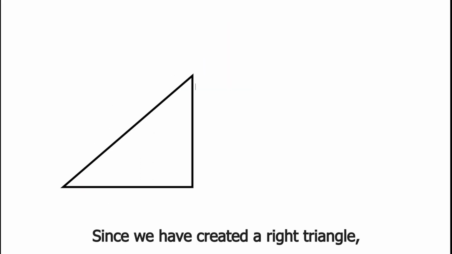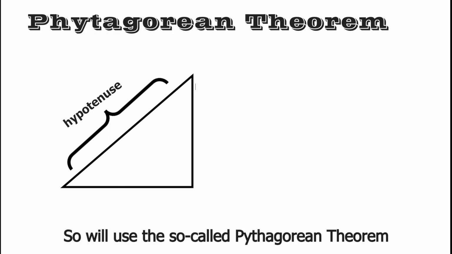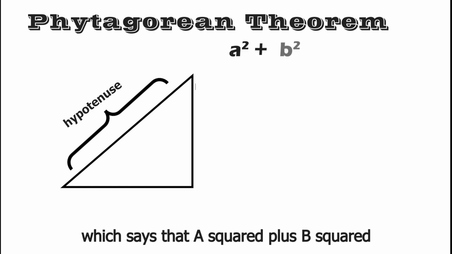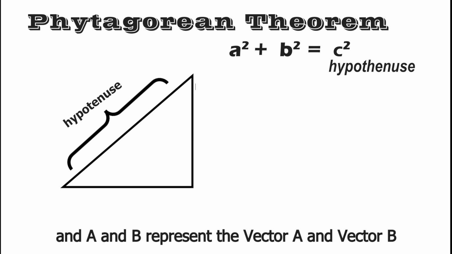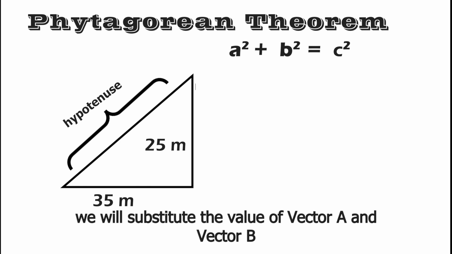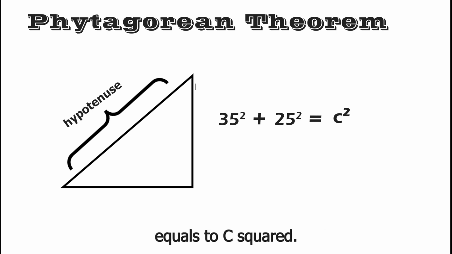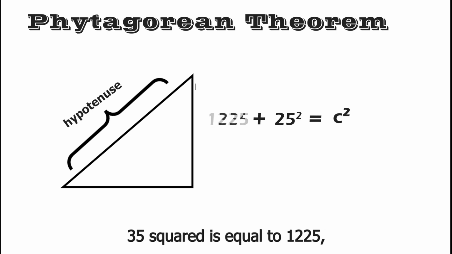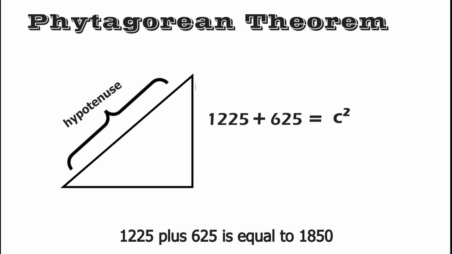Since we have created a right triangle, and the displacement, or the hypotenuse, is the missing value, we will use the so-called Pythagorean theorem, which says that a squared plus b squared is equal to c squared, where c represents the hypotenuse, and a and b represent vector A and vector B. To get the value of c, we substitute the values of vector A and vector B. So the equation is 35 squared plus 25 squared equals c squared. 35 squared is equal to 1225, and 25 squared is equal to 625. 1225 plus 625 is equal to 1850.